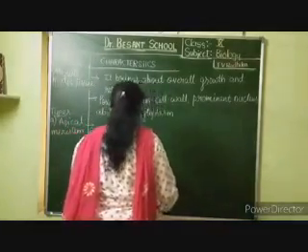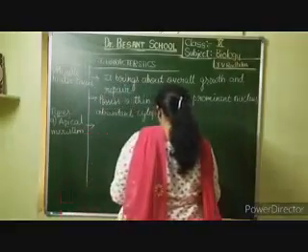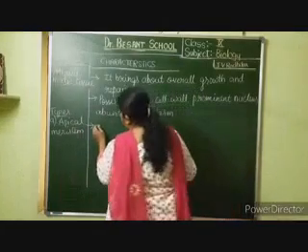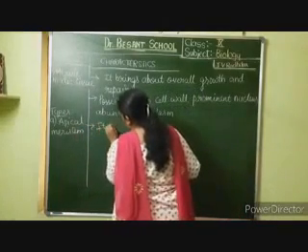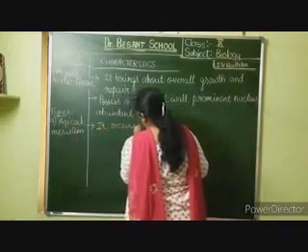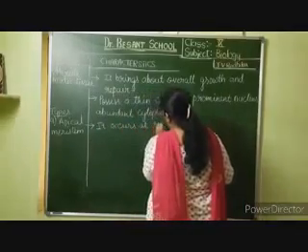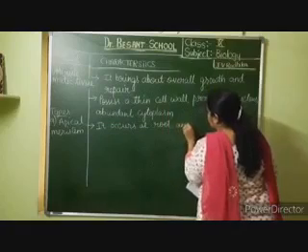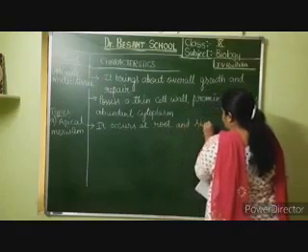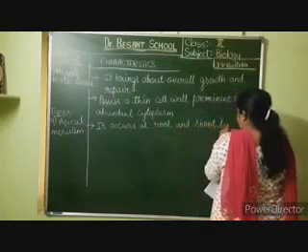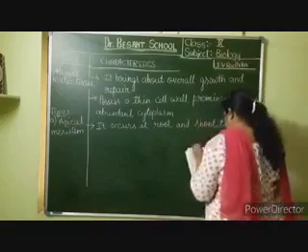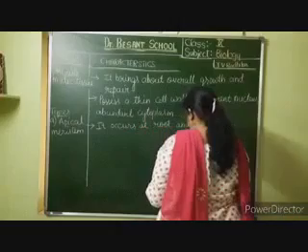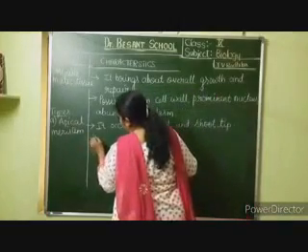The apical meristem occurs at the root and shoot tip. It produces growth in stem and root length.